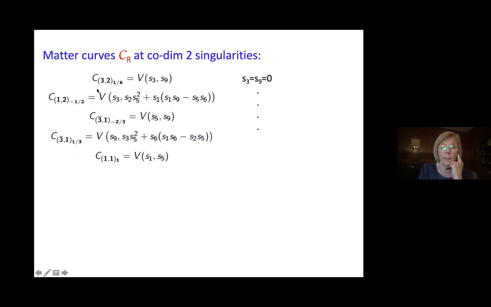So there is a matter curve associated with this codimension 2 singularity that represents the quark doublets. Here we are dealing with lepton doublets, with quark singlets, and the lepton singlet.